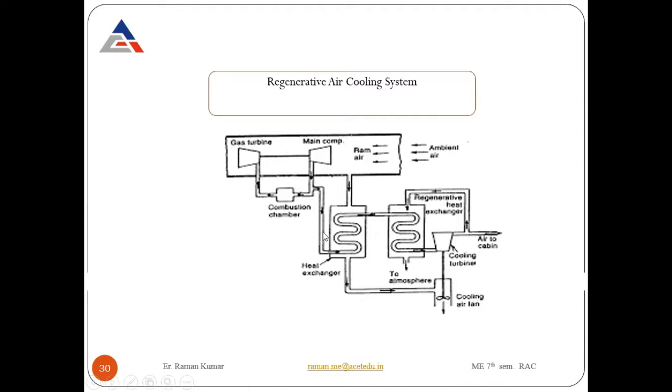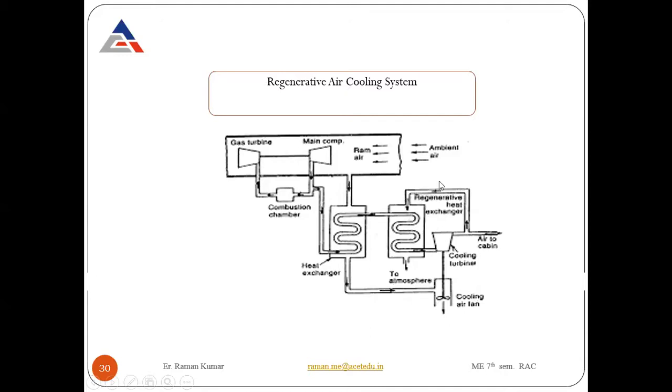Some of the air will pass through this first heat exchanger. So this is the modification of the simple air cooling system. When it passes through the first heat exchanger, its temperature is reduced with the help of this ram air. Now after this, there is a second heat exchanger called a regenerative type heat exchanger.